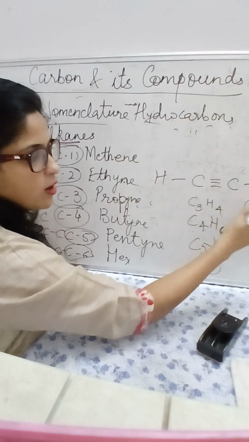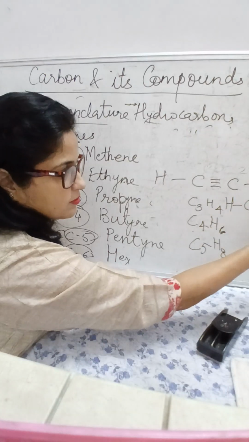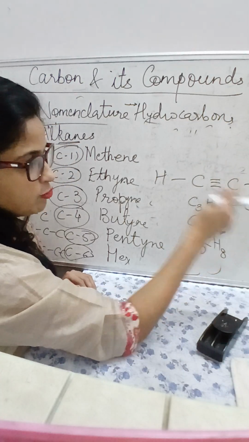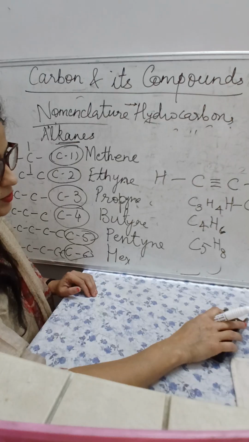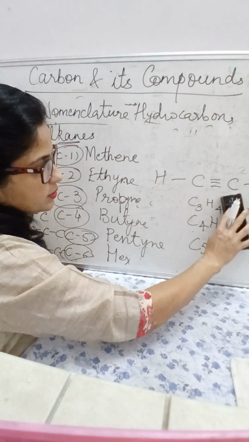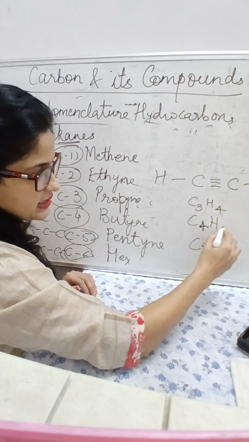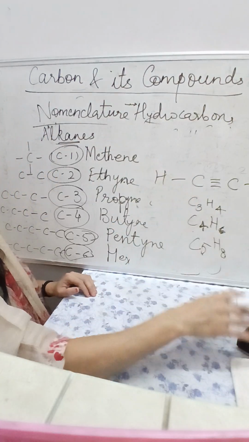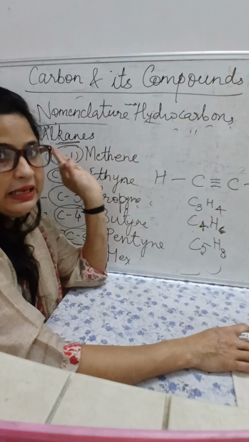I hope you can understand the three. There is one triple bond in between the two carbon atoms. Sorry, C3H4, C4H6 and C5H8. So this is how we name alkanes, alkenes and alkynes.